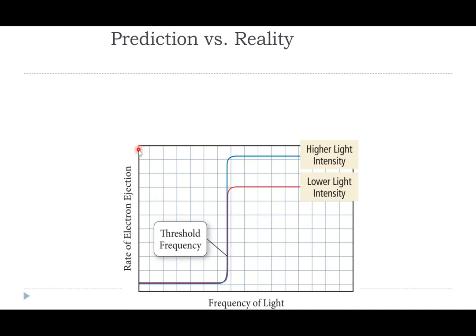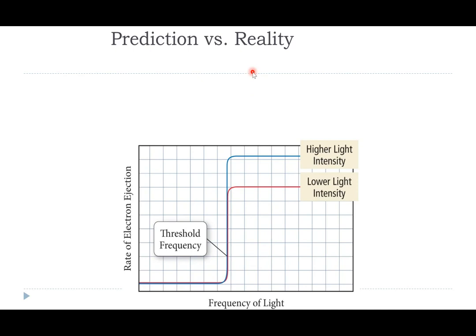Up here at the top, all the electrons come off. So what this is telling us is that I hit the piece of metal with a low frequency, so low energy, low energy, low energy, low energy. Boom! I hit the perfect energy and all the electrons came off.